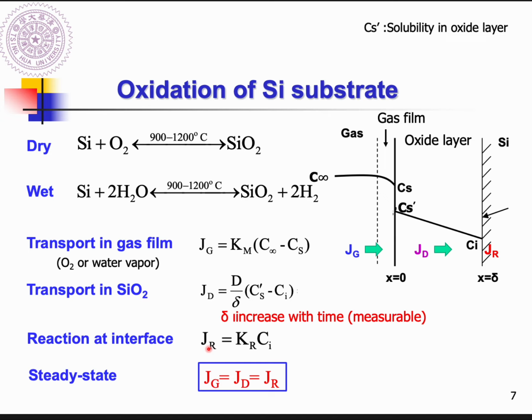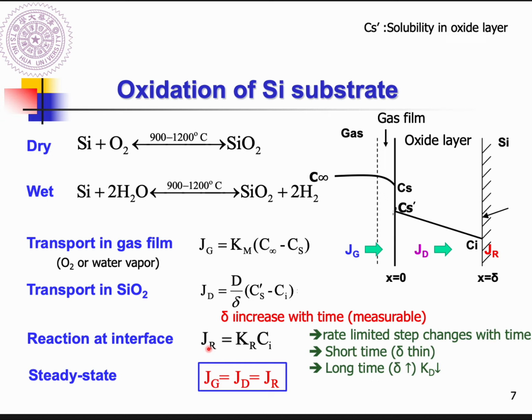Before we move forward, I want to highlight three important things. It turns out that in the beginning, at short times, we only have a native oxide layer grown on the silicon substrate, meaning the oxide layer is quite thin. Then the reaction should be dominated by the reaction process, right?